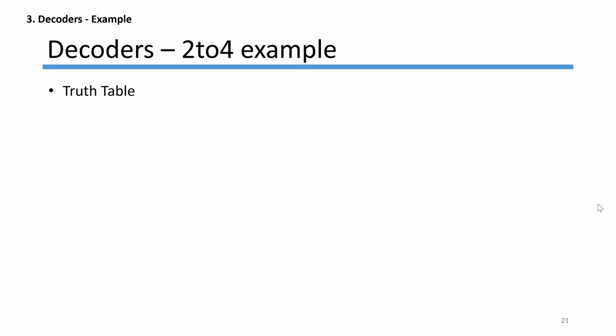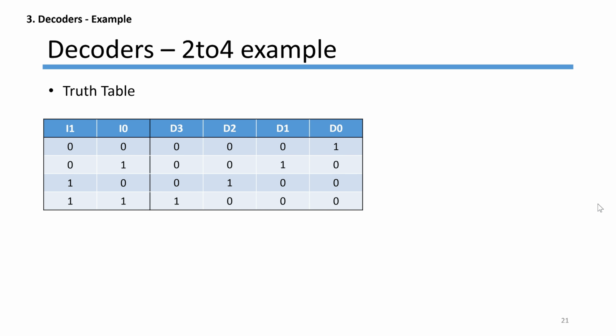Now let's look at an example of a 2-to-4 decoder given this truth table. So you have your 2 select lines. For each case, they correspond to an output. So for 0, 0, only D0 would be switched on, but D1, D2, and D3 would be switched off.